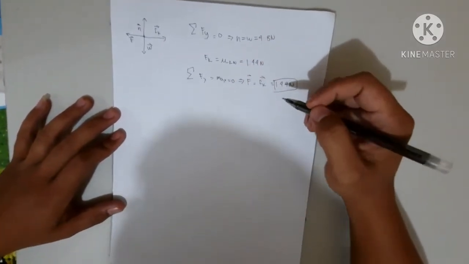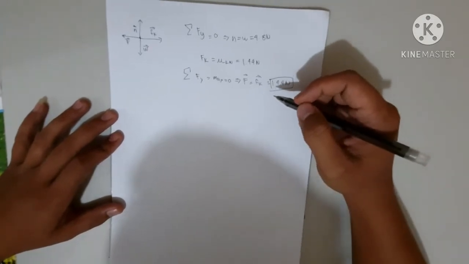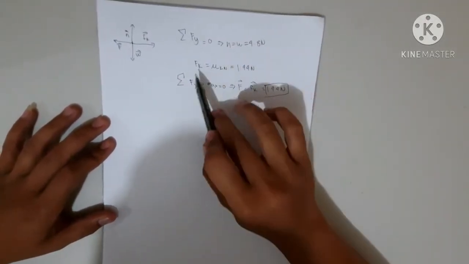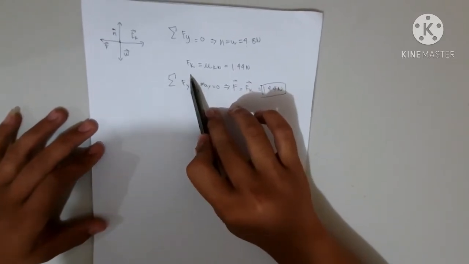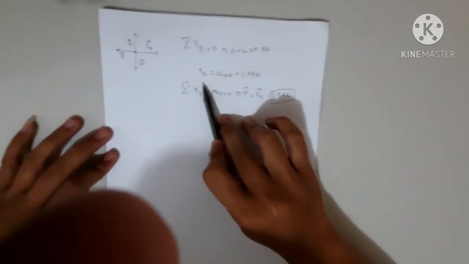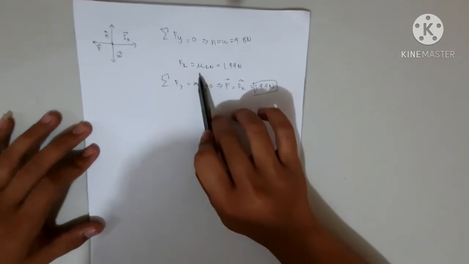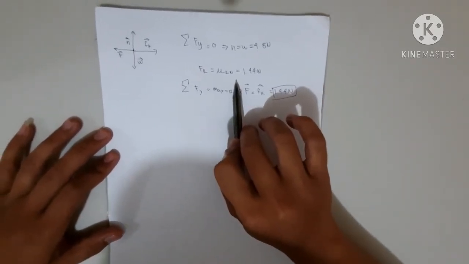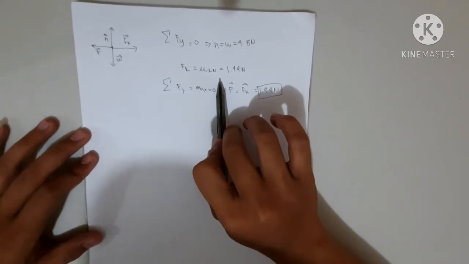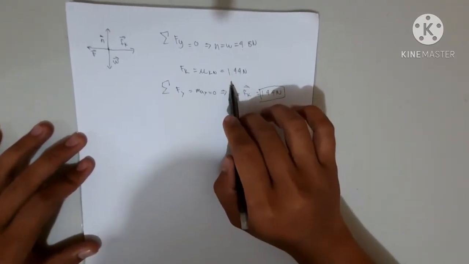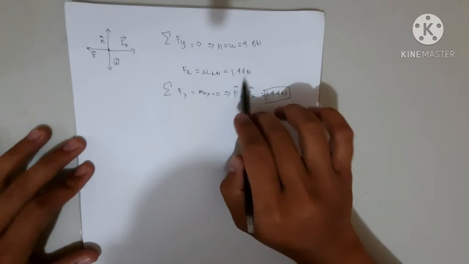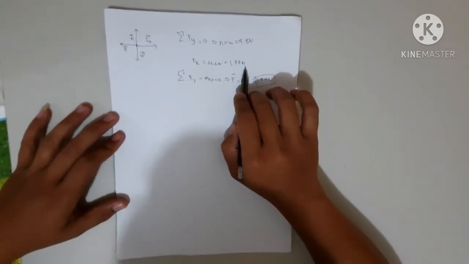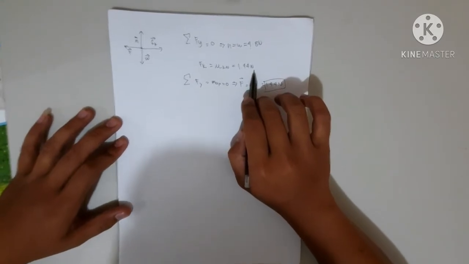Remember, this is the combined block system, so you have to solve for two weights. This means that Fk, the friction force, is mu k times the normal force, which is equal to 1.44 newtons after multiplying 0.3 and 4.8.